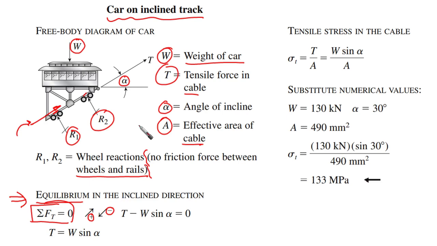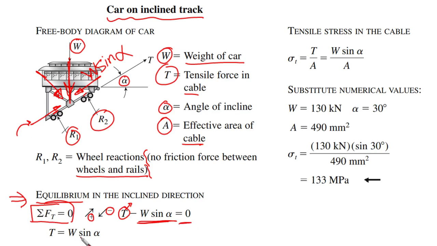Then we have T, which is going upward, it is positive, minus W sine alpha, which is, as I said, if we say this is the weight, then it has one component here, one component perpendicular. This component is going to be W sine alpha, equal to 0. There are no other forces being applied.